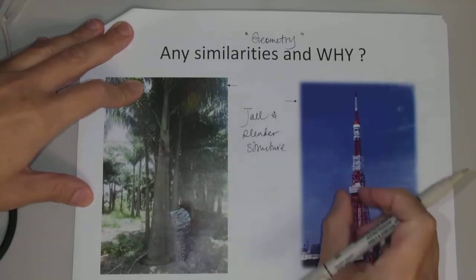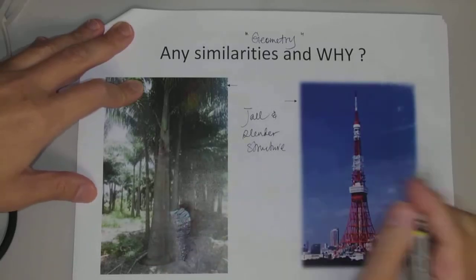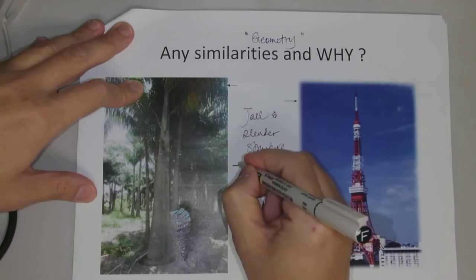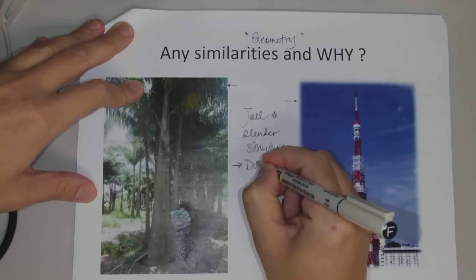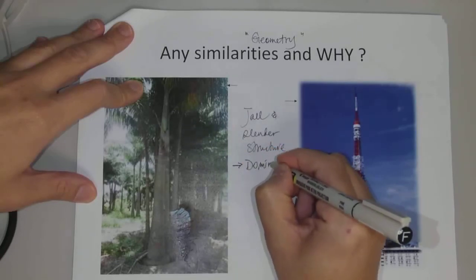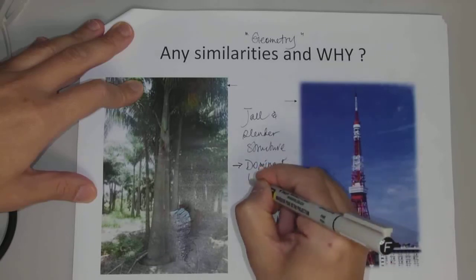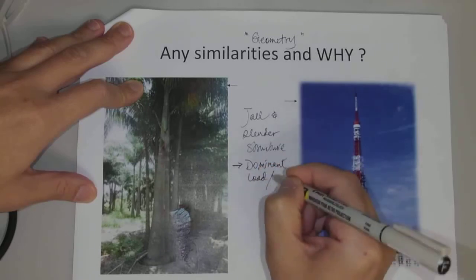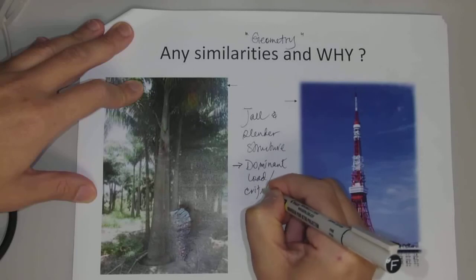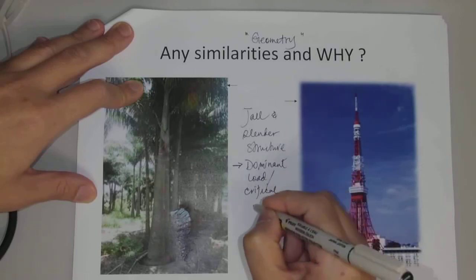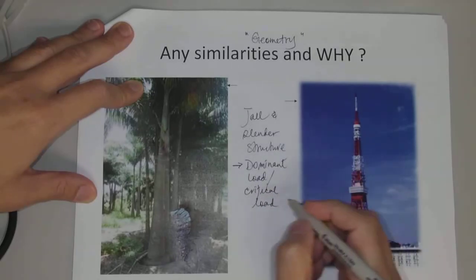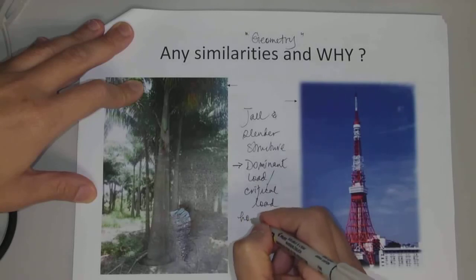Whenever you have long and slender structures like that, the first thing that comes to your mind is the dominant or critical load. 最重要嘅 load is the horizontal load or wind load.